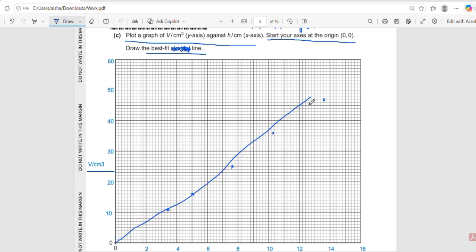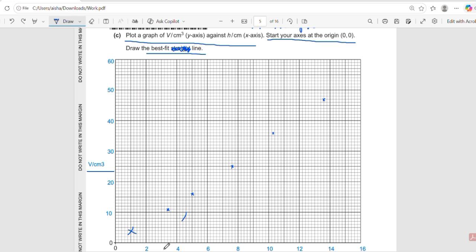But for example, if the points were like this, you can see how it's curving slowly but surely. So you'll draw something like this. Okay, that's just an example.